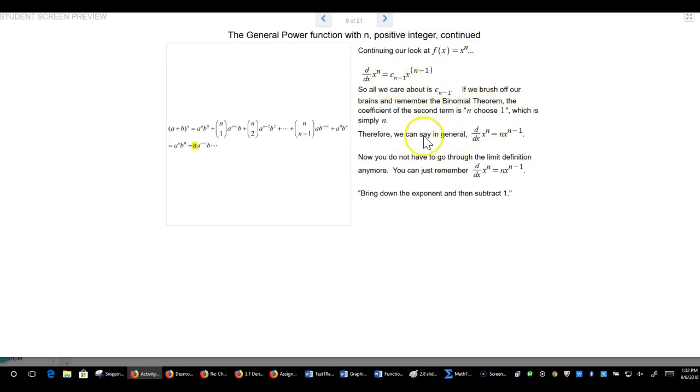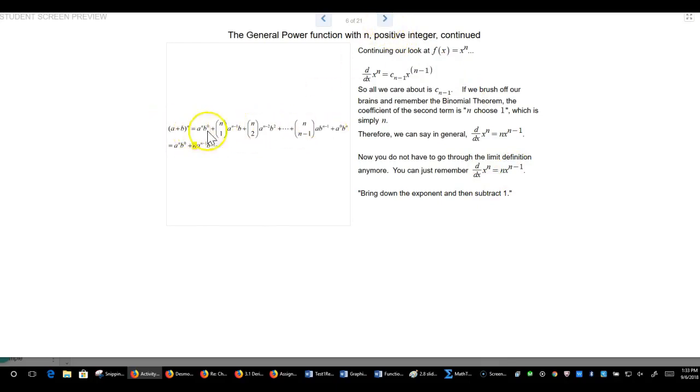And if you remember the binomial theorem, and even if you don't, it's really not that significant. That c sub n minus 1 is just n itself. So bottom line, the derivative of x to the n is n times x to the n minus 1 power. You can remember it in your head as: bring down the exponent and then subtract 1 from it.